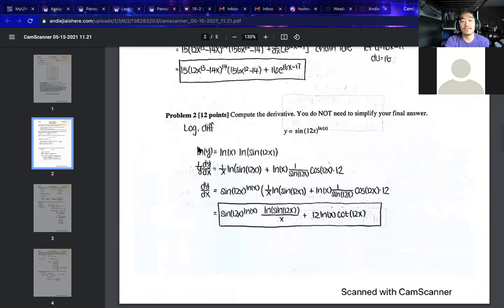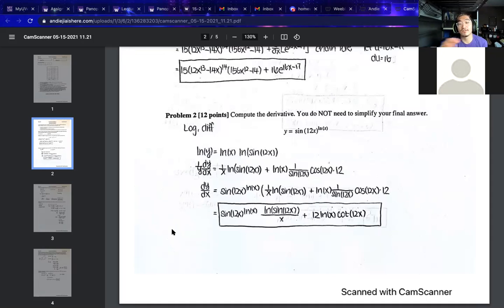And then for logarithmic differentiation, take the natural log of y on both sides, multiply by y, get all this 1 over y, and get this equation. And make sure if you see cosine over sine, then it's cotangent. If you see sine over cosine, it is tangent.